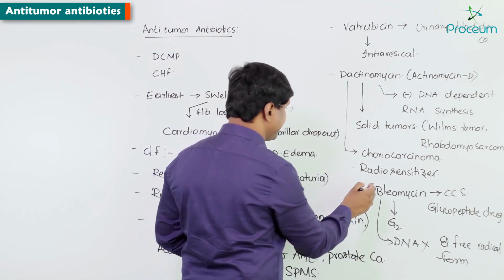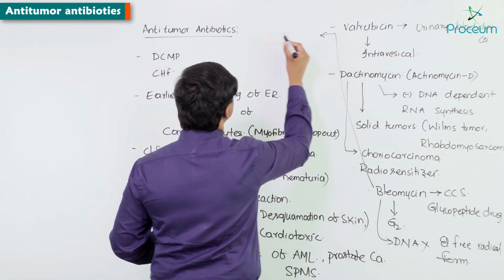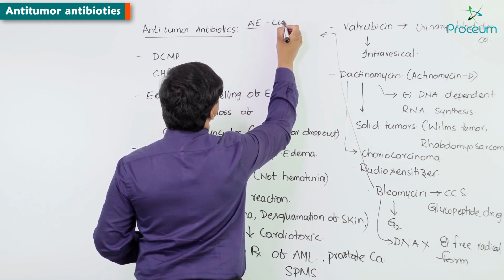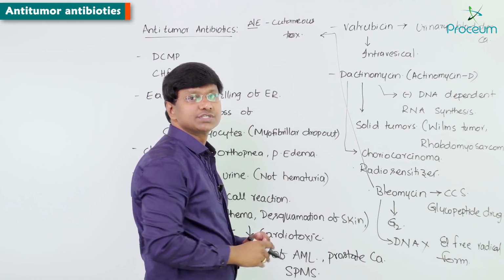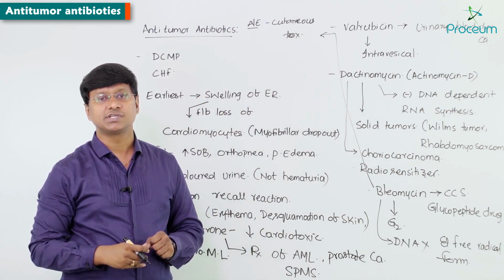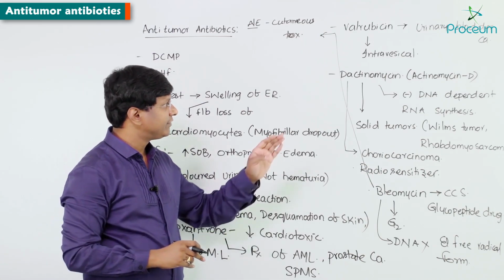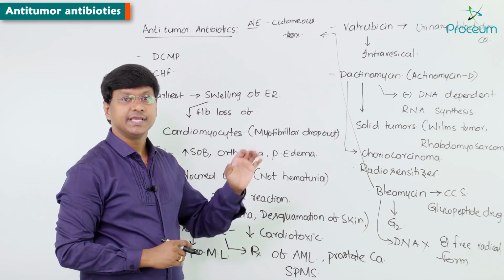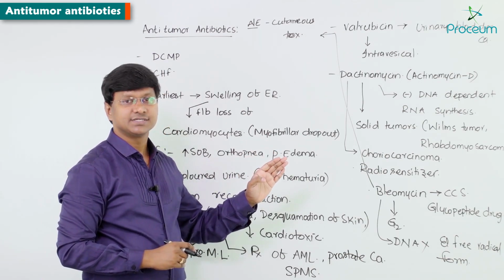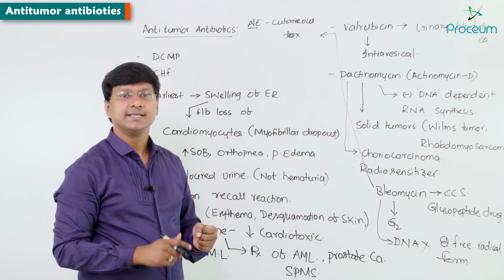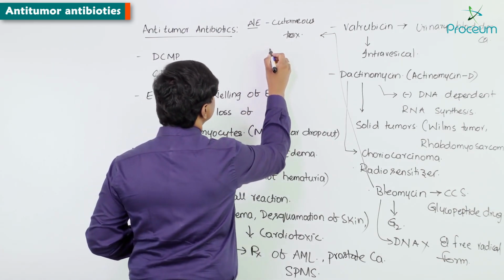So the disadvantage of bleomycin is that it can cause cutaneous toxicity, manifested in the form of hyperpigmentation, hyperkeratosis, erythema and ulcers. Apart from this, bleomycin can cause pneumonitis.